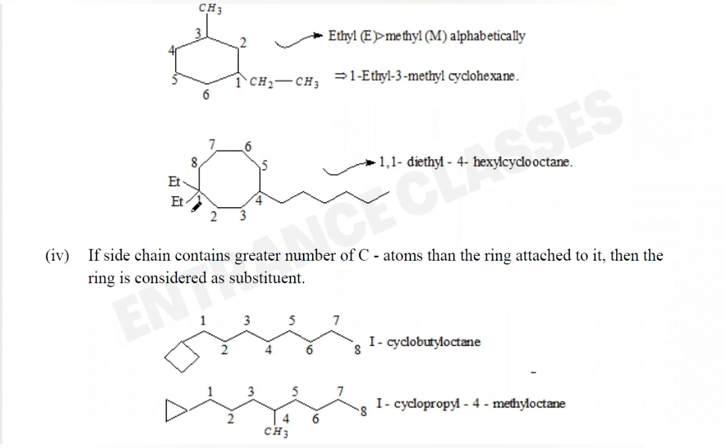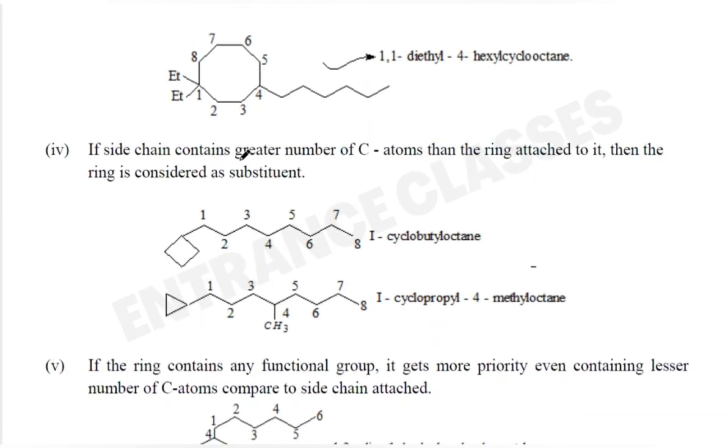In this case, this is ethyl. This is 1, 2, 3, 4, 5, 6 hexyl. So ethyl gets more priority, 1, 2, 3, 4, 5, 6, 7, 8. So 1,1-diethyl, 4-hexyl cyclooctane. If the side chain contains greater number of carbon, then the ring attached to it will be considered as the substituent. Here the side chain is 8 carbon, here 4 carbon.